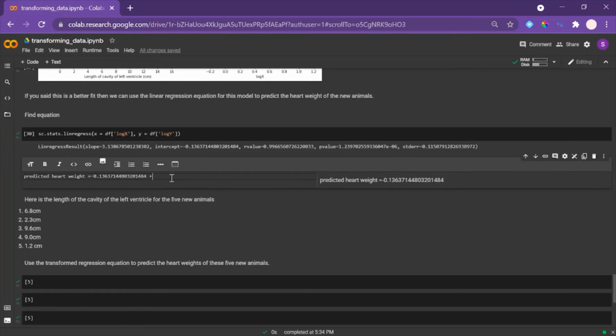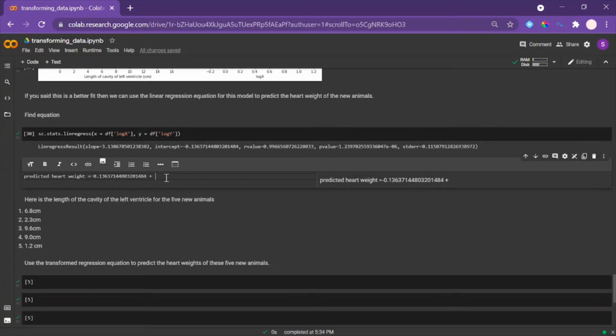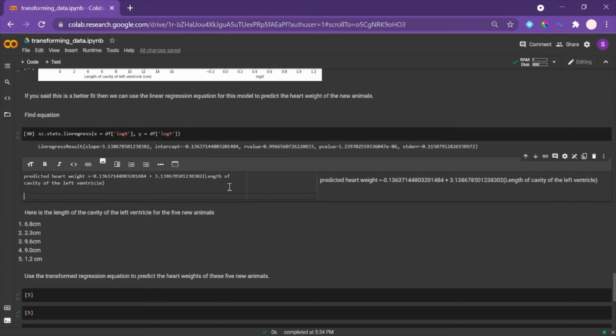Our intercept plus our slope, right, times the length of the cavity of the left ventricle, okay? That is what our linear regression equation is supposed to look like, because again, predicted y, hat y, is equal to a plus bx. Okay, that's our normal linear regression equation.